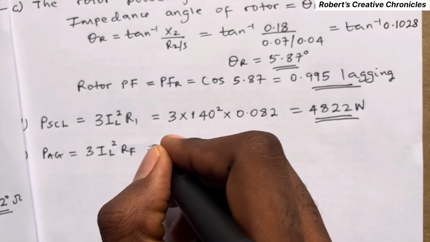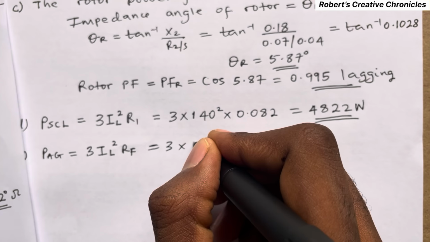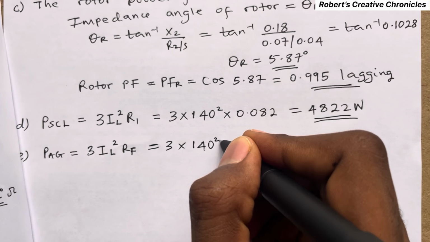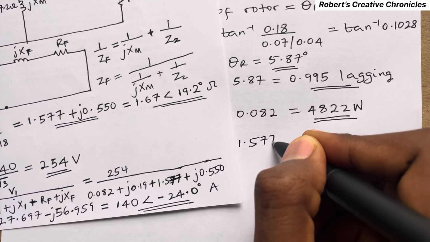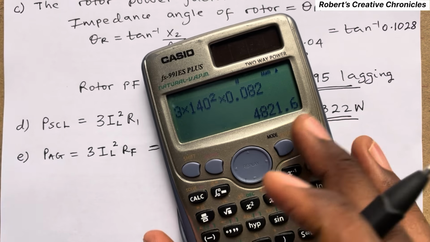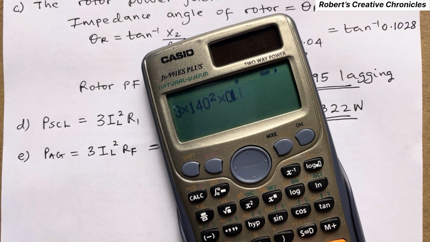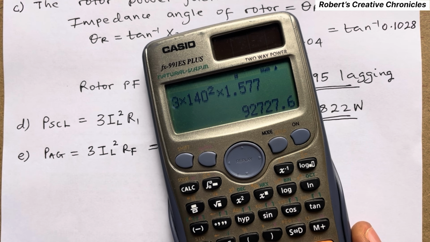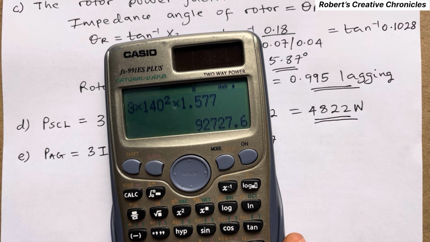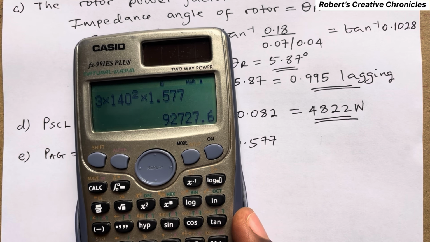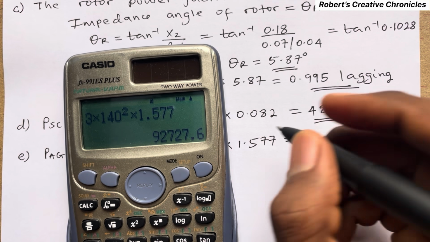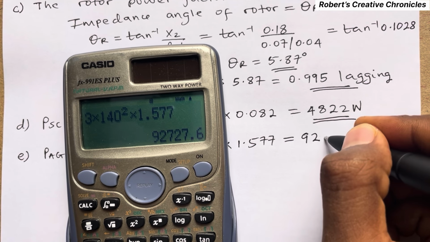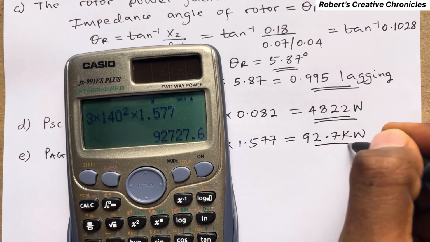So this is 3 times 140 square times 1.577. This is 92727. If we express this answer in kilowatts, it is 92.7 kilowatts.